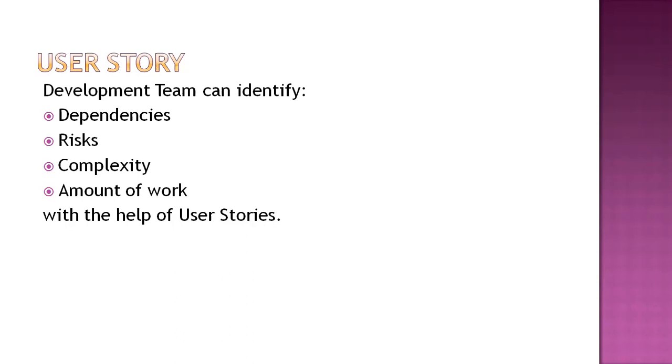Now we have identified dependencies, risk, complexity, and the amount of work for all the things. With the help of these, we need to plan our estimation value, not only with the amount of work. That is more important. In traditional estimation, we give accurate values: 3 days, 2 hours, 1 day, like that, accurate units in time.